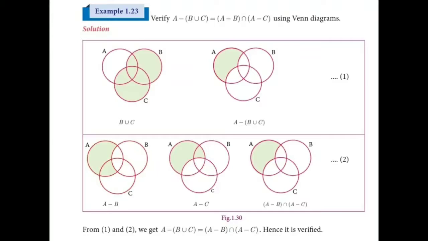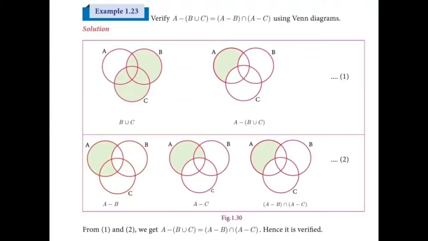First step, we find A minus B, only in A, not in B. So adding A except B. Then A minus C, only in A, not in C. So adding A except C. Then (A minus B) intersection (A minus C) is the common part of A minus B and A minus C. Here A fully except B union C, once again A only, except B union C. That is equation number 2.